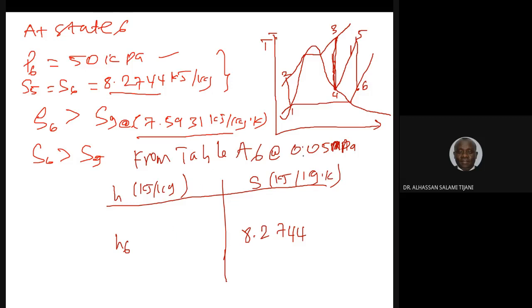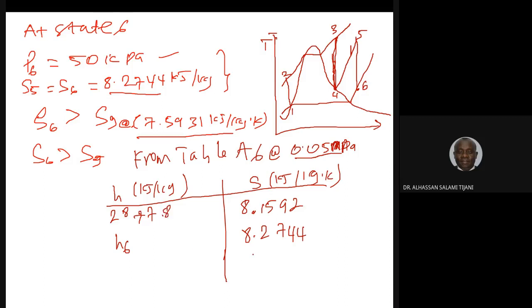So that means we have to go to the property table, and under the superheated table for the 0.05 megapascal column, we need to find the enthalpy which is slightly lower than this. Then we're going to write its value. So I'll take 8.1592, and its corresponding enthalpy is 2877.8.